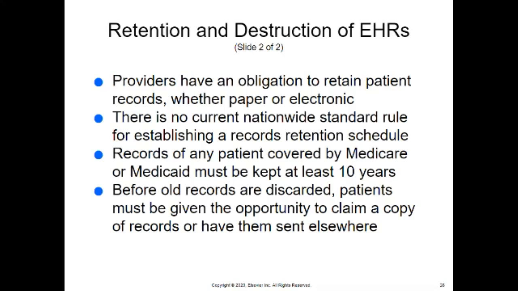And before old records are discarded, patients must be given the opportunity to claim a copy of records or have them sent elsewhere. So I want to make a point also: when there's no rule specifically, the best course is to keep the records for 10 years.